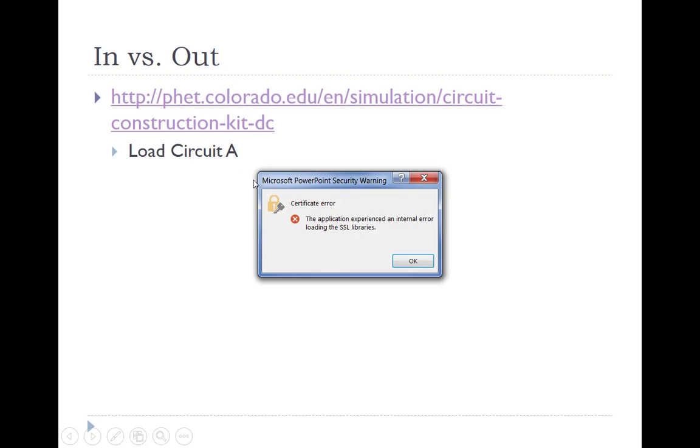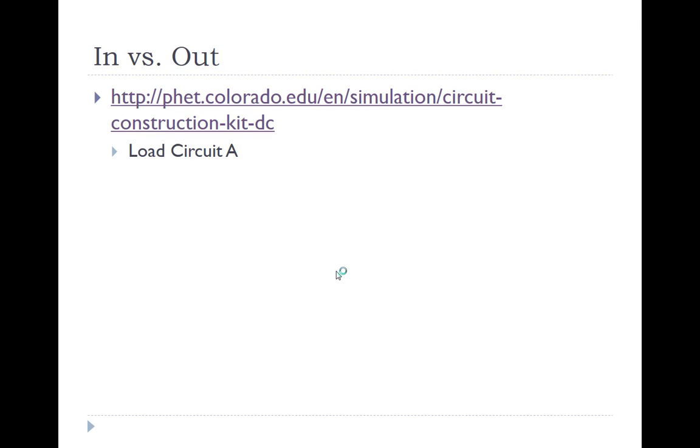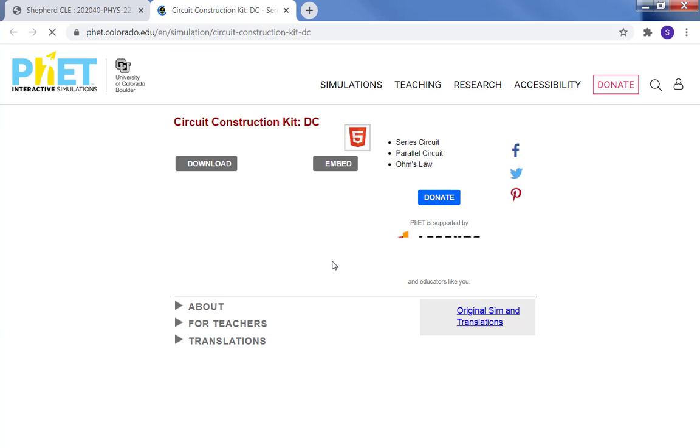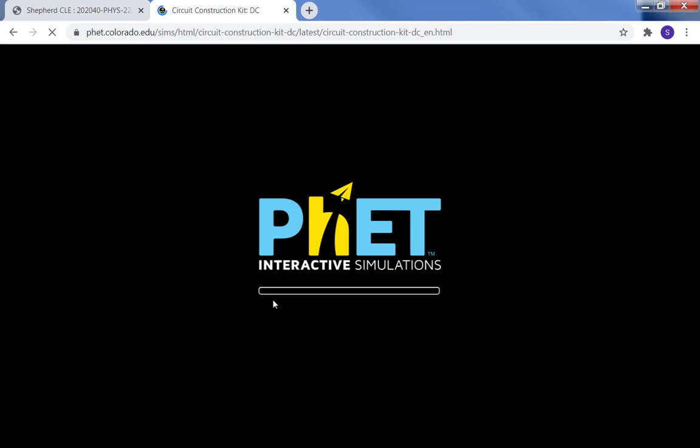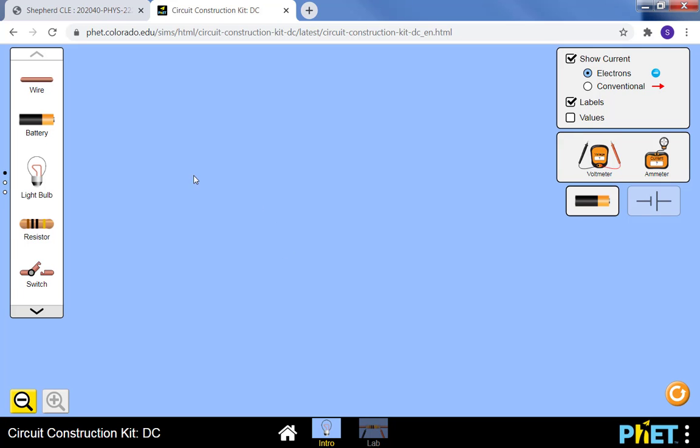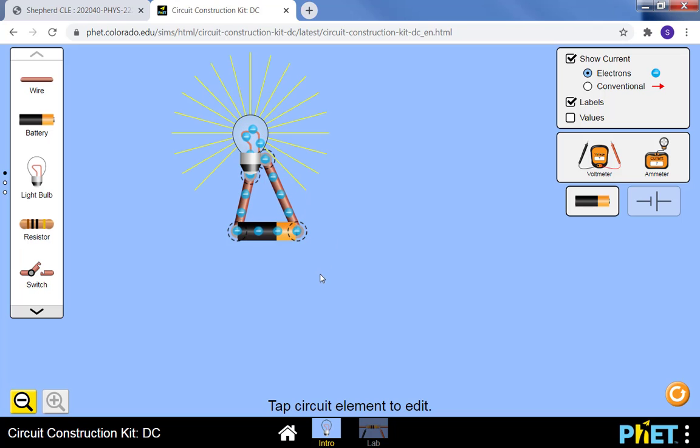Now, I don't think I opened up my simulation, but that's okay. We'll get it open here. Okay, so this is the same simulation you use in the circuits lab. Click on intro. I'm just going to wire up a very basic single bulb circuit here: one light bulb, one battery, and two wires.